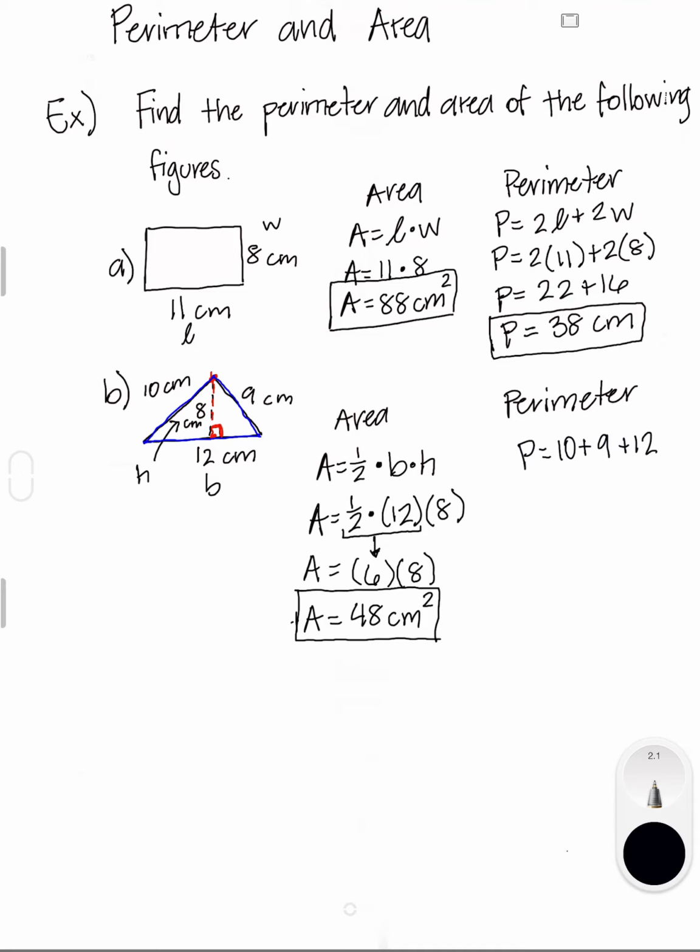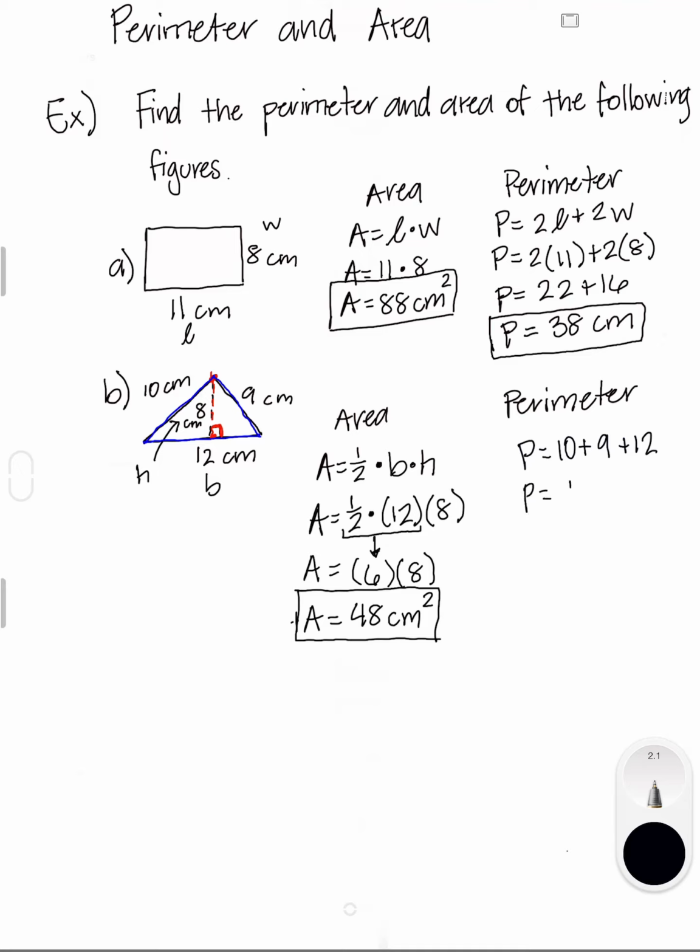Notice how I didn't use a formula, just like in the rectangle, which is 2L plus 2W. I did the 2L plus 2W on the rectangle because it's simpler to just multiply the length times 2 and then the width and then add them. However, for the triangle, we don't have a specific formula for this, just adding all the sides.